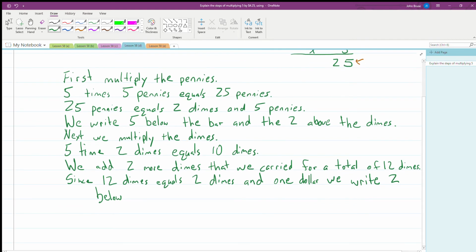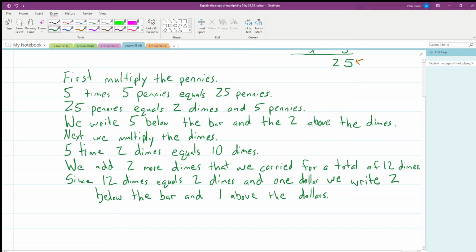Since 12 dimes equals 2 dimes and $1, we write 2 below the bar and we write the $1 from the 12 dimes, 1 above the dollars column. All right, so we've finished that step.